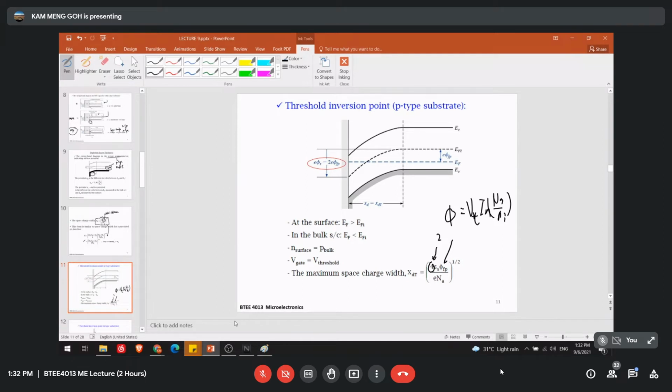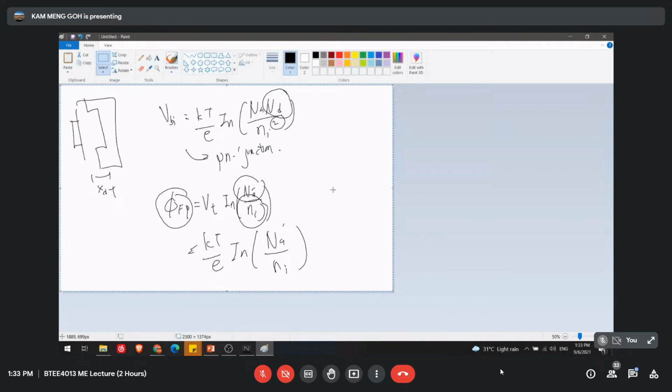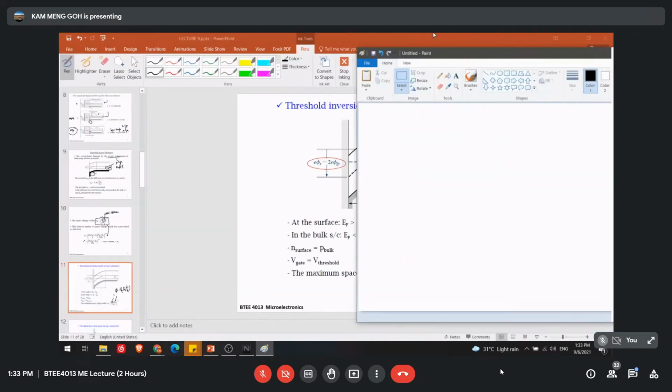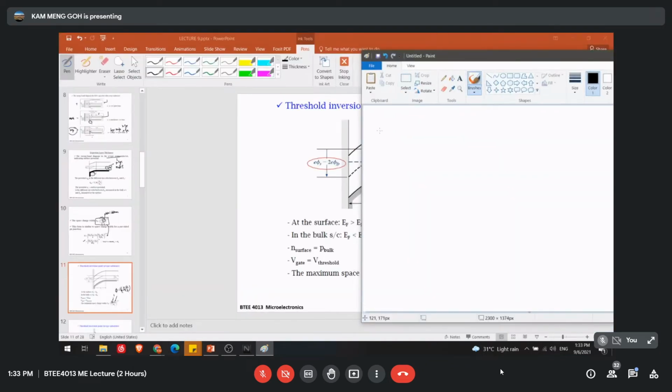So maybe we try one example here. Imagine we have an NA equal to, let's say, 2 times 10 to the power 15 cm to the power minus 3. Then let's say T equals 300 K. This one is silicon.